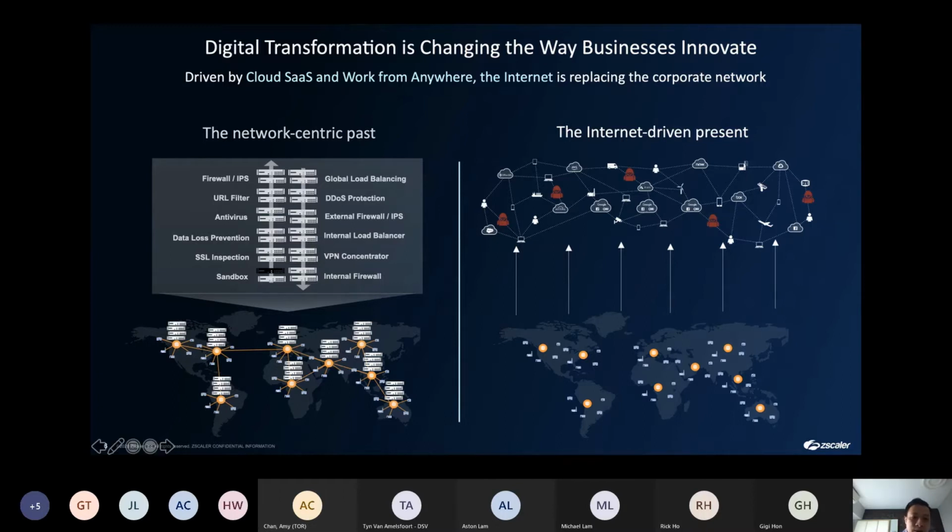In most cases, many enterprises are still heavily relying on these kinds of traditional appliances sitting in data centers or some hub sites globally, to protect their users, no matter whether it's for outgoing or inbound connections. But this actually has a problem because it doesn't help to accelerate or migrate to a work-from-anywhere model, because you have to go back to the office, you have to go to a network which has all these appliances ready for you before you can get protected and work from anywhere.